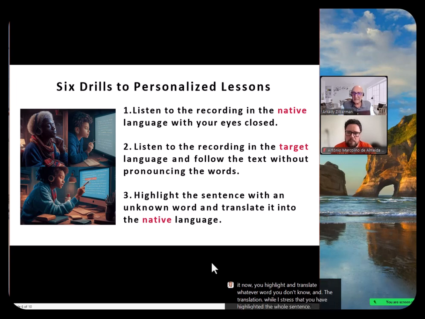If you translate just a word which you don't know, you will get a lot of meanings, because every word has many translations, many meanings. Can you remember them? Absolutely not. It's useless. When you highlight the sentence and you see the translation of the sentence, it becomes a contextual translation.